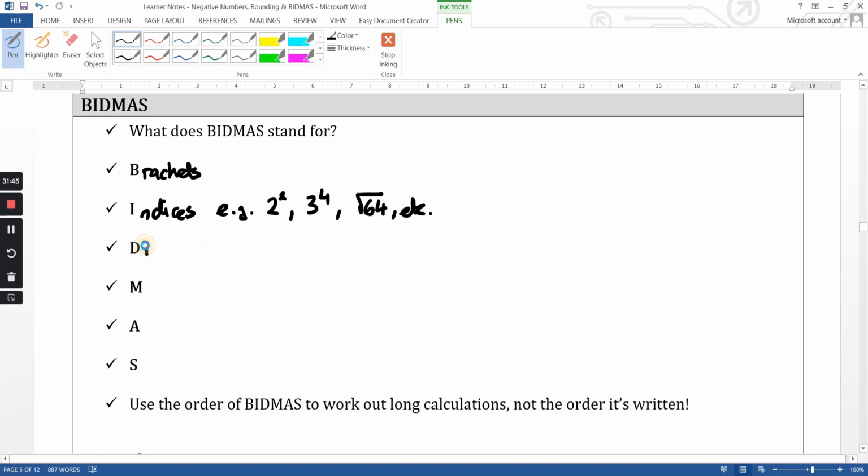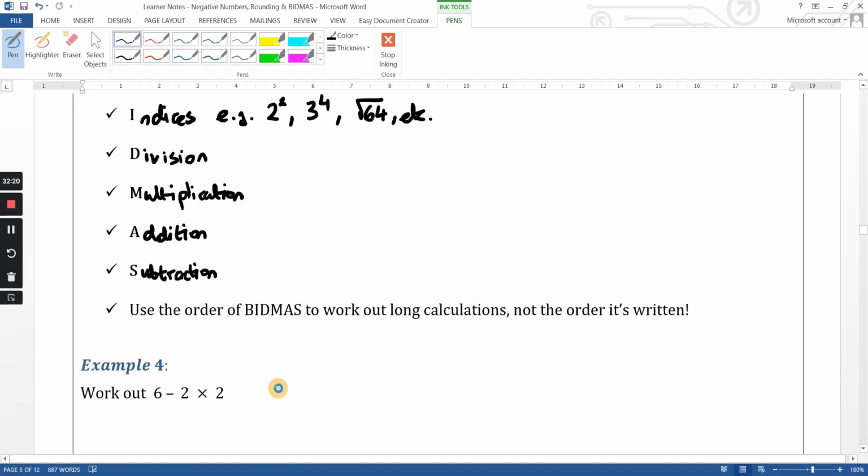D stands for division. M is multiplication. A is addition. S is subtraction. So this is the order you do things in. You do any brackets first, then indices, then division, multiplication, and the lowest priority, which you do last, adding and subtracting. They are very, very low priority.